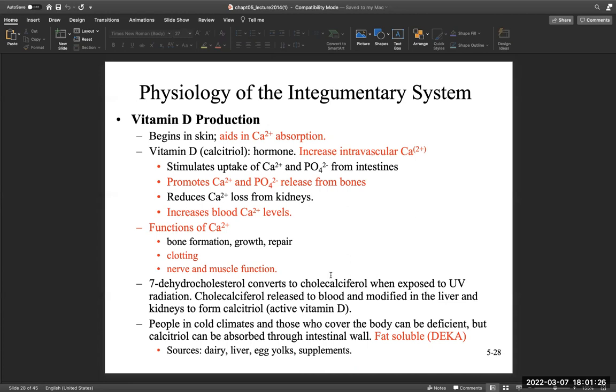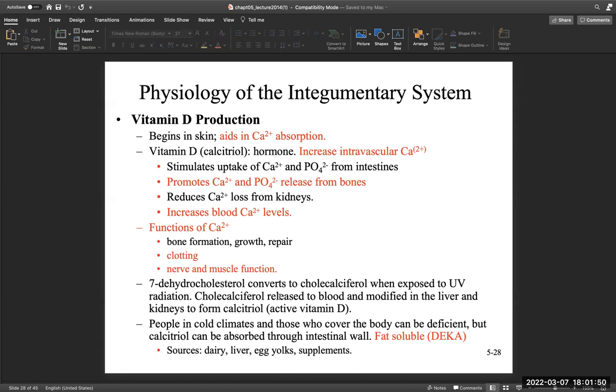Now, this isn't the final product though, right? It starts the process, but it is not the final product. This cholecalciferol goes into the liver and then into the kidneys, where you have further modification to form calcitriol, the active vitamin D. Again, without that ultraviolet radiation, you do not start the process.